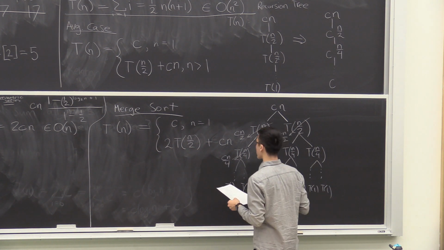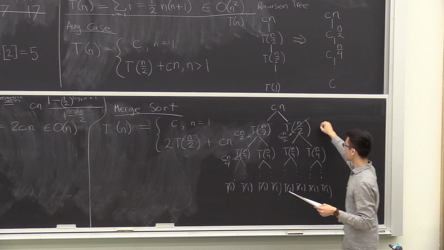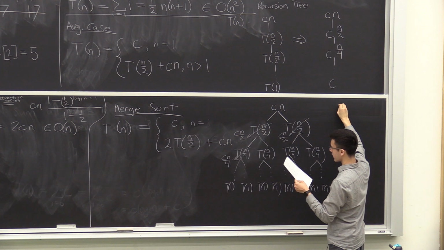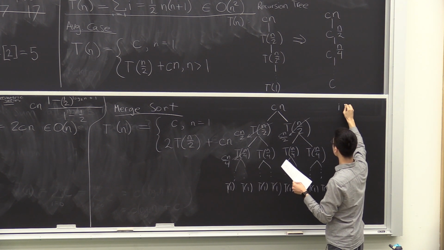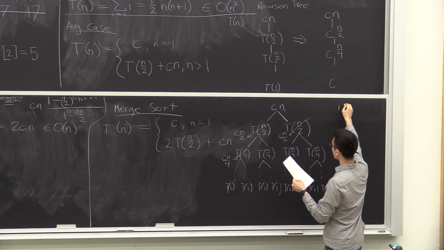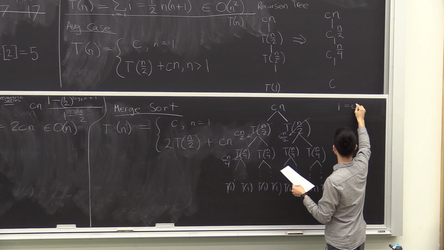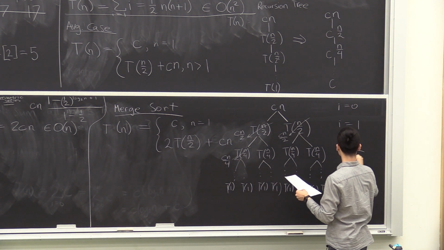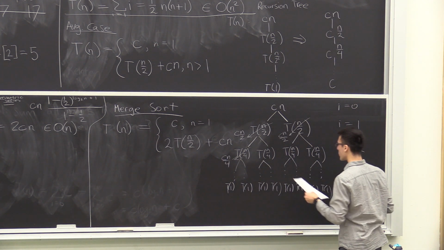Now, just like before, let's say that we have level i. So this is i equals 0. This would be i equals 1, i equals 2, and so on.